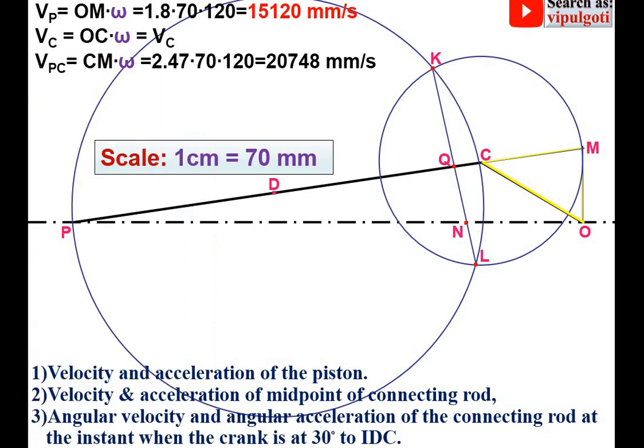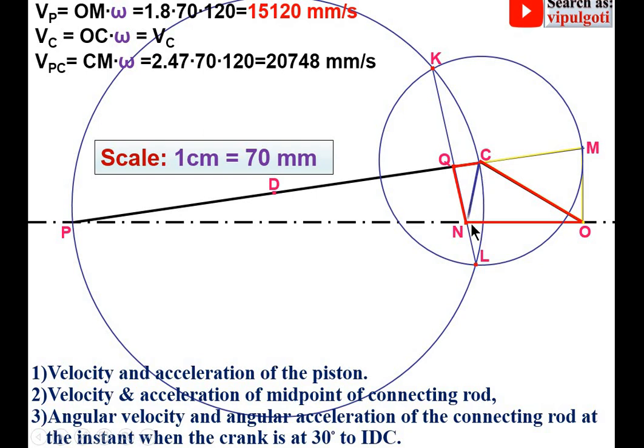Now join C, Q, N, O. This closed loop represents the acceleration diagram. Keep in mind that OCM represents the velocity diagram, whereas CQNO represents the acceleration diagram.